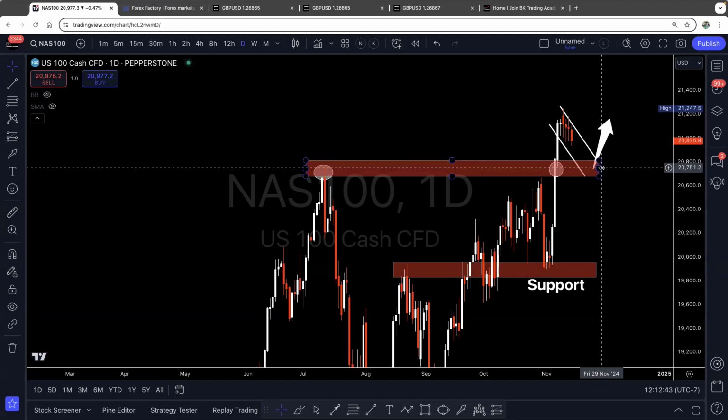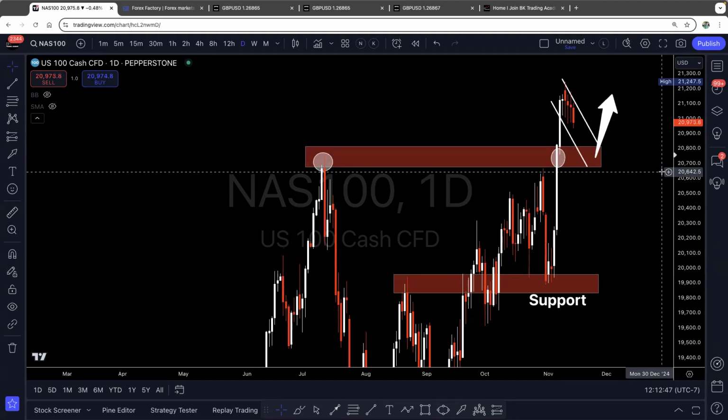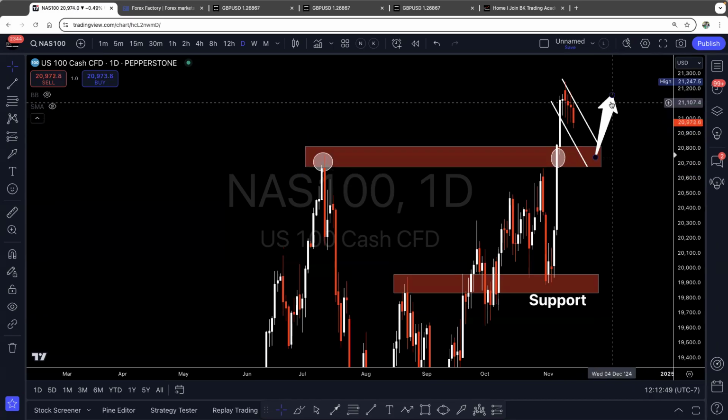Like I showed you in Apple, I'm only going to buy because I'm confident that it's easier to buy in an uptrend than selling in an uptrend. It's definitely part of risk management. That's one strategy that we teach in our academy, in our risk management strategy, amongst a few others.